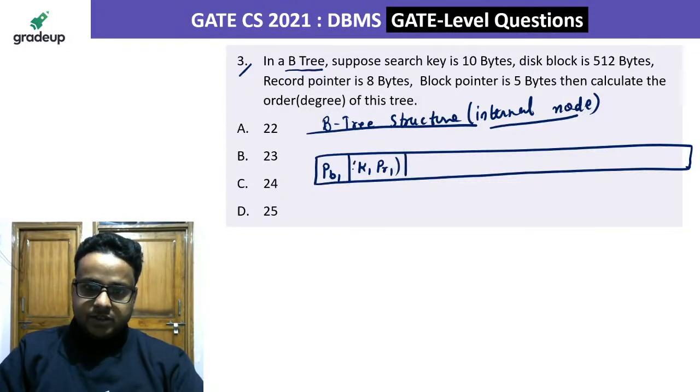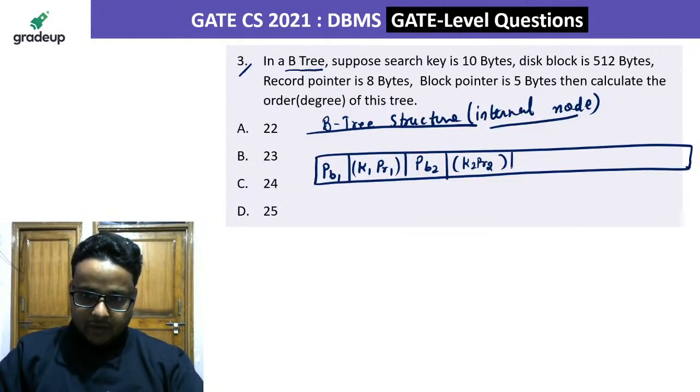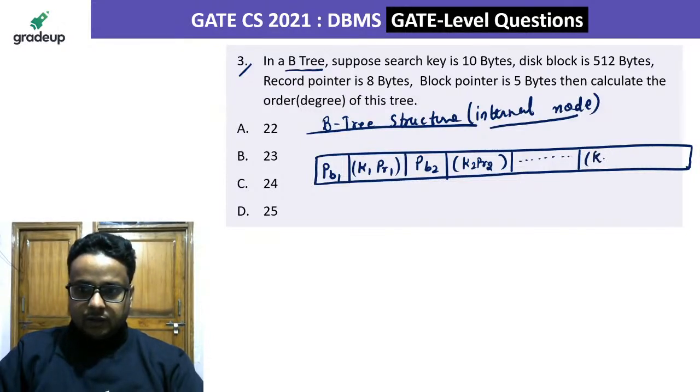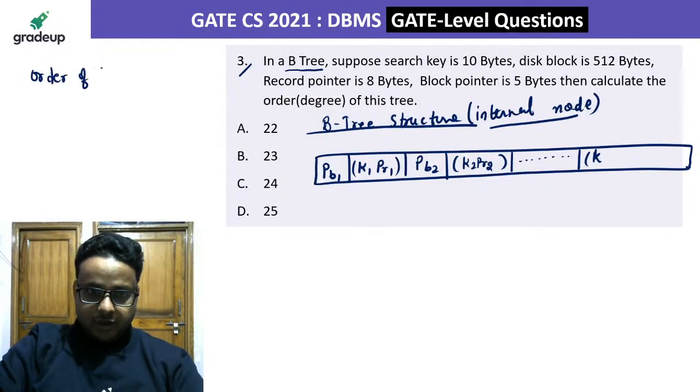It is a combination of these two. Then again I will be having block pointer 2, and then k2 and record pointer 2. I think you have studied this already; here we are just revising the concept. For example, let's say m is the order of the tree.